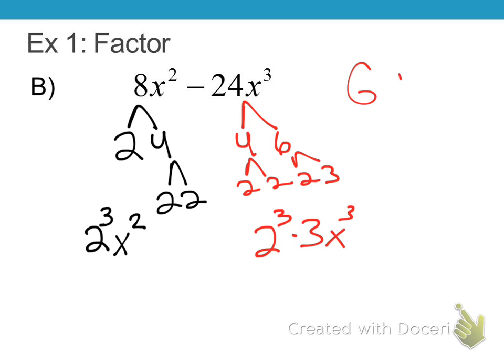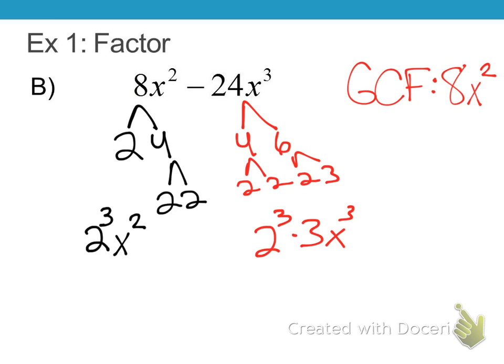So what is the GCF? What is it? 2 to the third. Well, what's 2 to the third? 8 x squared. So the GCF is 8x squared.